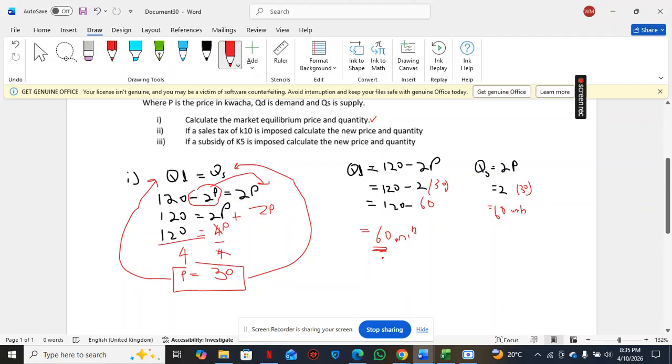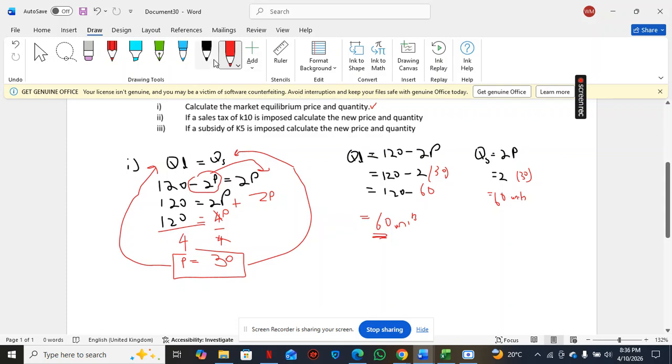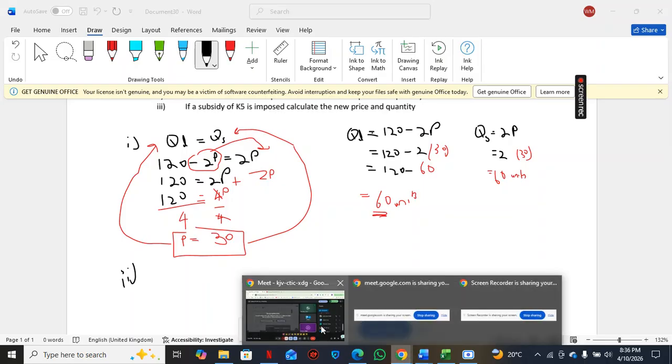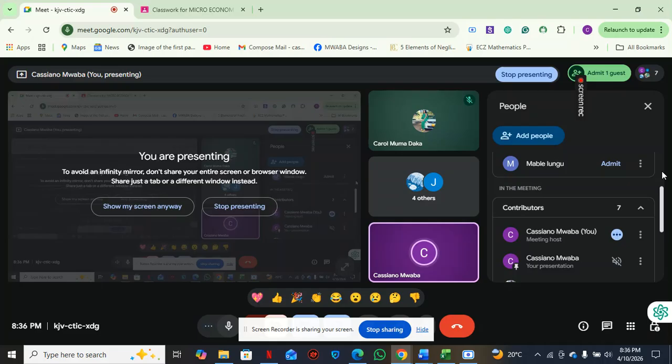And the amount demanded and supplied was 60 units. Now we're going to see what happens if you have a tax included. So whenever you have a tax included, this is how you can do it.